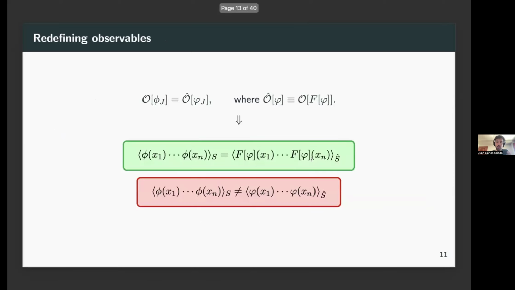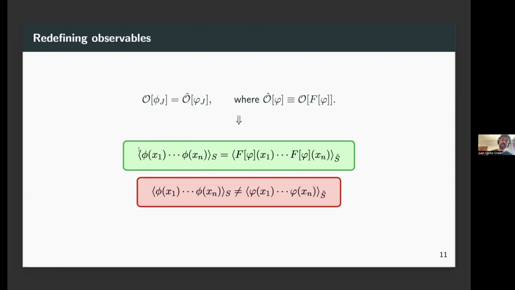And this is a broader point about observables in general, right? You have any observable that is essentially a function of the solution to the equations of motion. For that observable to be the same in the redefined theory, you also have to redefine this observable. And maybe an example that's more useful for the quantum field theory application is looking at Green's functions.